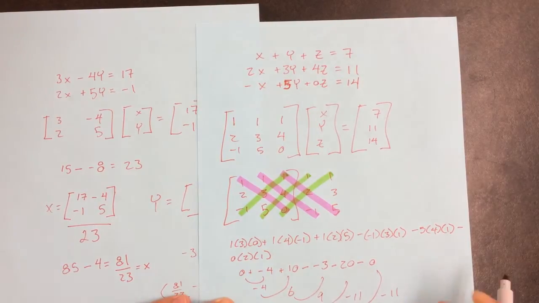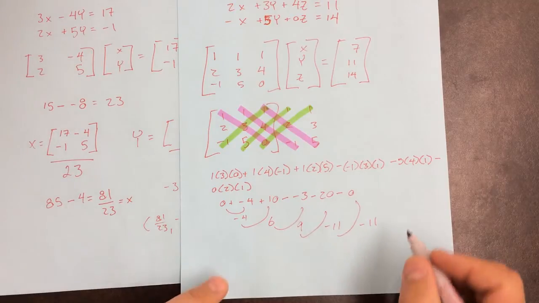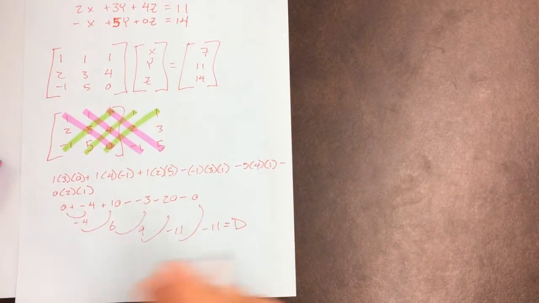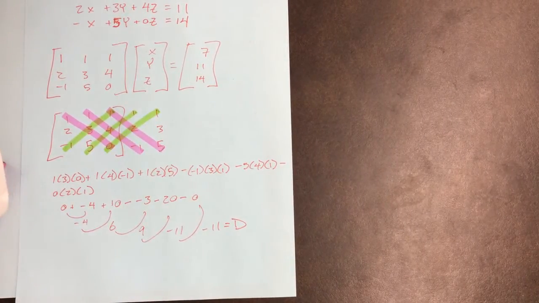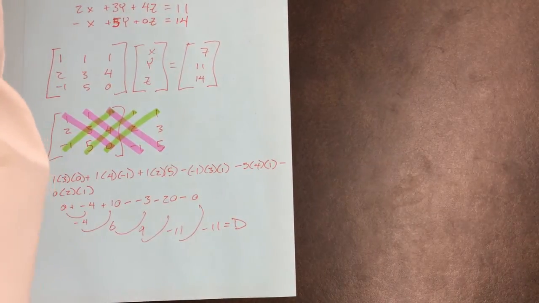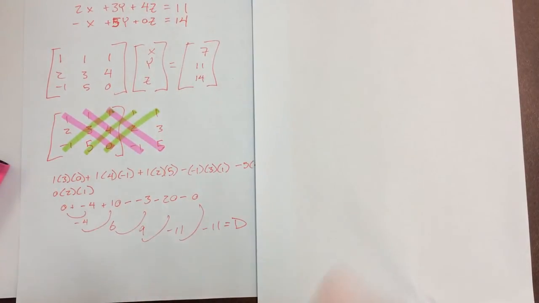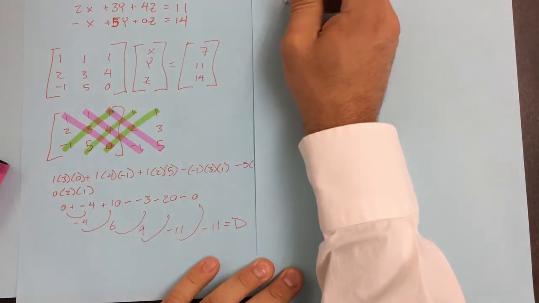So the determinant of this is negative 11. I'm going to remember that. That equals D. I'm going to slide this over here and grab a new piece of paper. I'm just going to write at the top so that I don't forget: D equals negative 11.